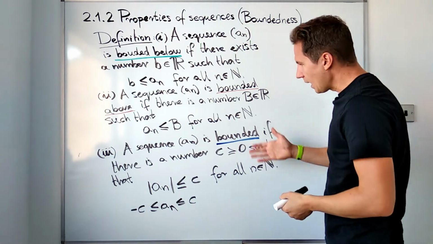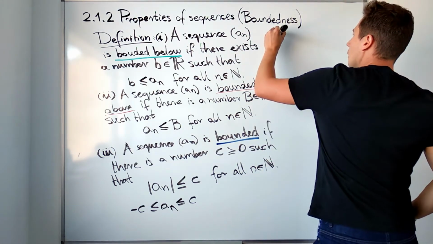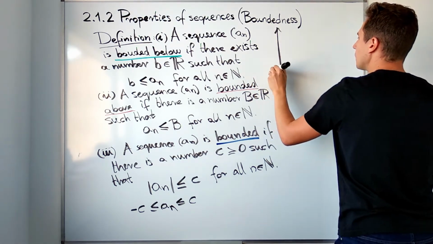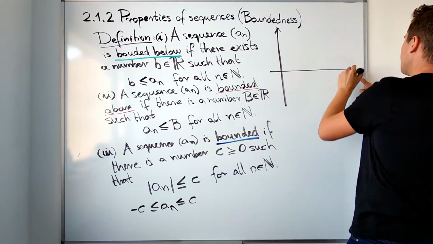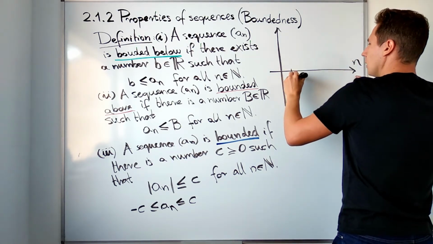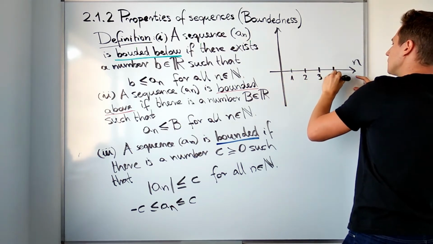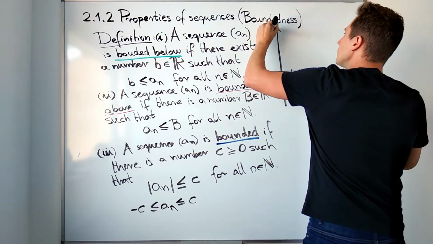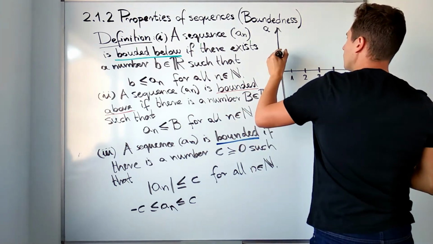So the way I like to visualize these notions is just to have our sequence a_n be plotted in the following way. We use the horizontal axis to be labeled by our indices, so 1, 2, 3, 4, and so on, and we would use the vertical axis to measure the values of the terms of our sequence.